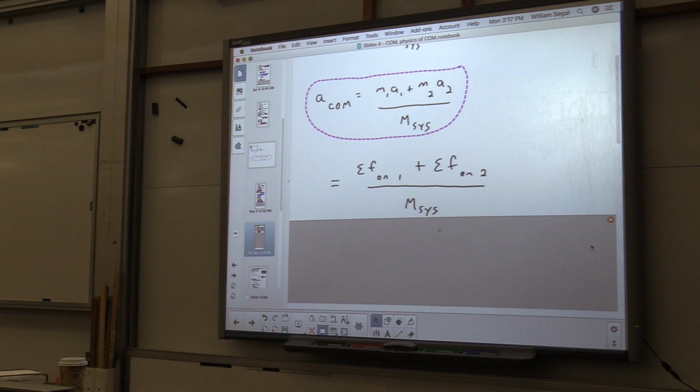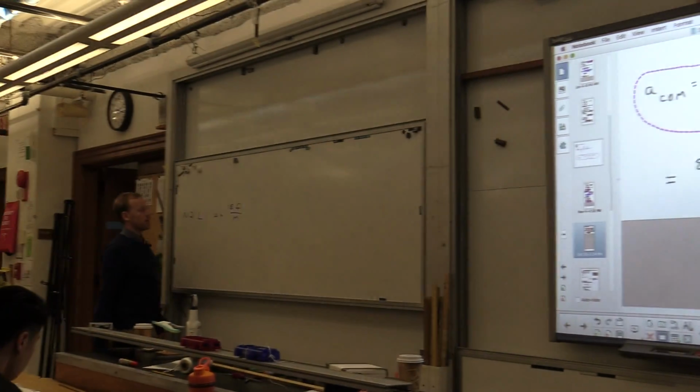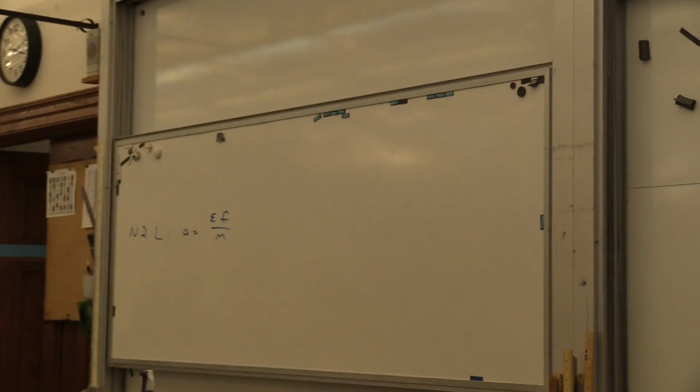In the spirit of review this week, let's review one more time Newton's laws and the numbers associated with them. What does Newton's second law say? Acceleration equals sum of forces over mass. Great. What does Newton's first law say?